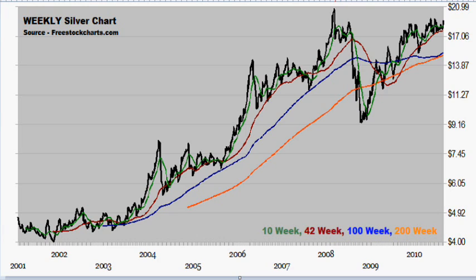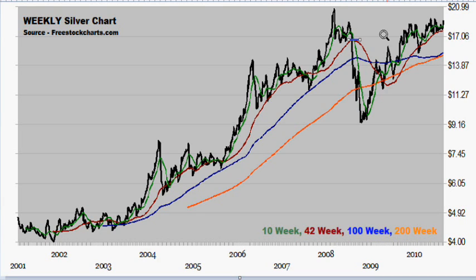And oftentimes when you have a failed move, which is what this was, it found support at the 100 period, creates a fast move. And there is the fast move that followed right in here. We developed this range, and when we came below it, we never really found much support here at the 42-week moving average.